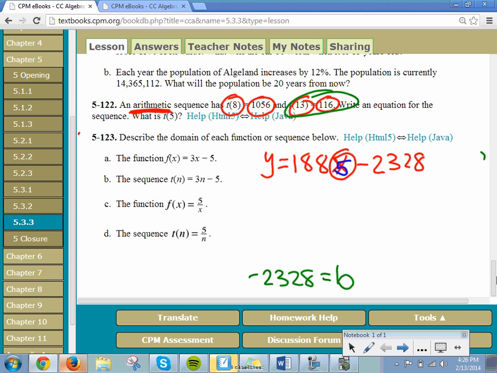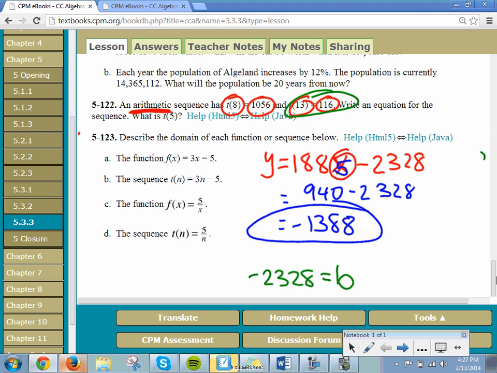When I plug in this 5. So 188 times 5 is 940 minus 2,328 will give us negative 1,388 as our final answer.